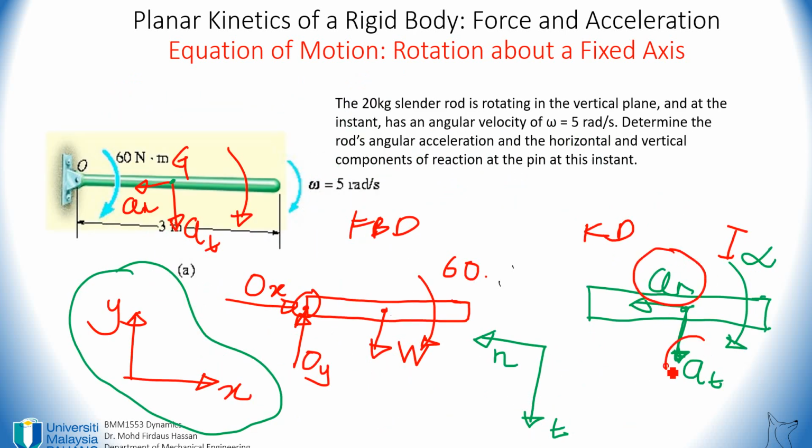An is not counted because the direction of An crosses O, so it's not counted. The only component that is counted is At. At must be on the right hand side. The summation of moment for the FBD must be on the left hand side. For the right hand side, it comes from all the components in the kinetic diagram.